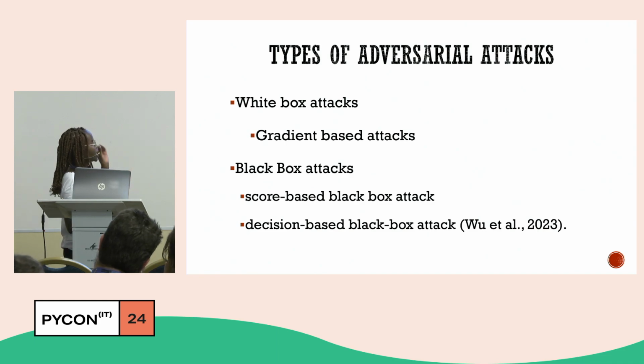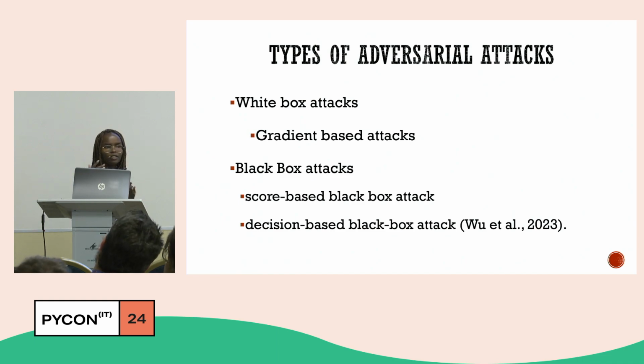So you'd rely on that. Say it says it's 93% confident that it's a cat, 10% it's a dog, that kind of thing. That's a score-based black box attack. Then a decision-based attack is where you just have the final output. You don't know what probability the model is giving to whatever output it's giving you. You're just relying on the output.